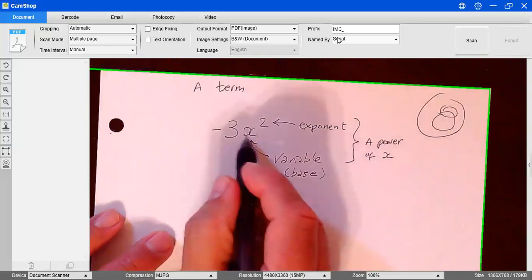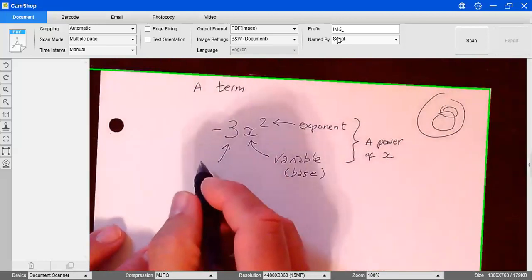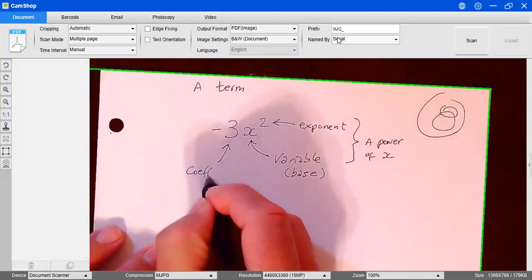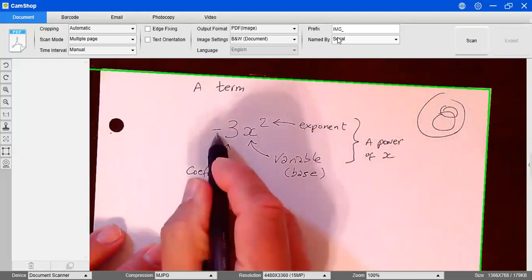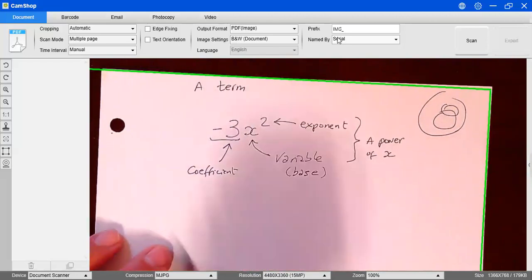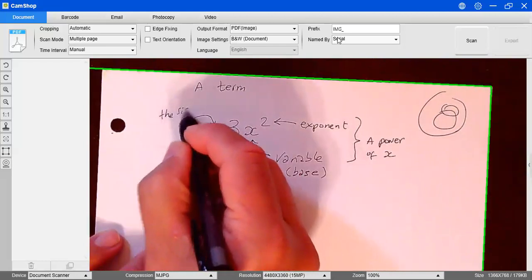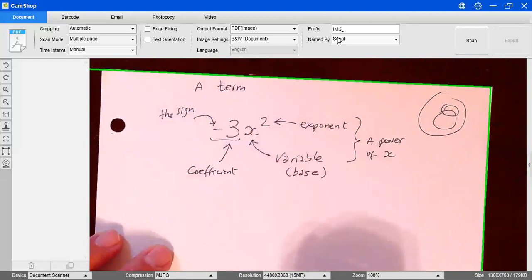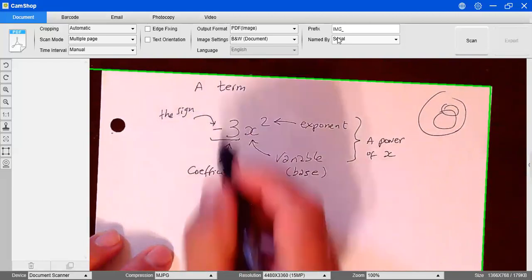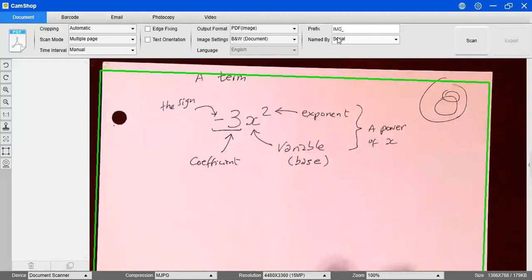Now the number that is in front of the variable, you call this number the coefficient. This is the coefficient including the sign. So the coefficient is -3 in this case, and finally this is the sign of the coefficient, which is the sign of the term. So these are the pieces of a term.